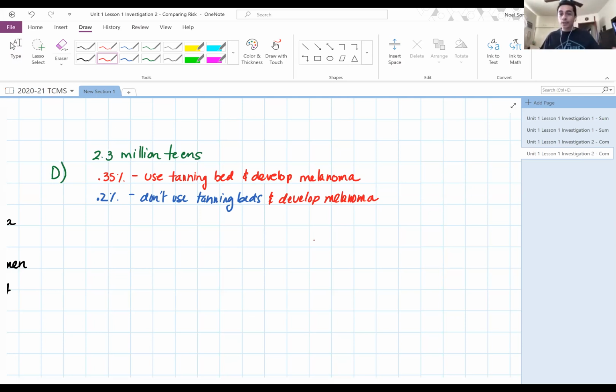Who knows? Maybe there's some other factor that accounts for some percentage of teens, maybe boys and girls, who develop melanoma regardless of whether they use tanning beds or not. So can we find out how many of those teens would still develop melanoma? What could we do mathematically to find that?